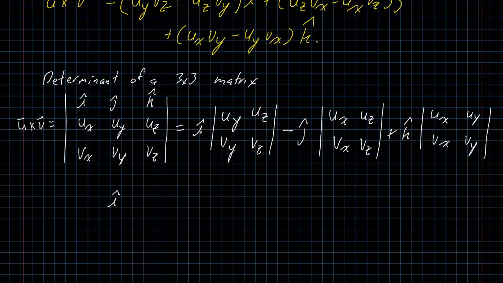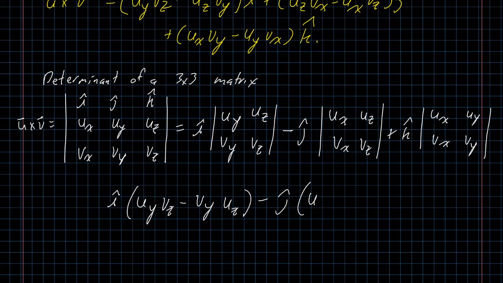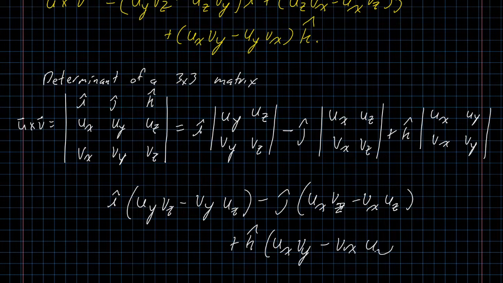So we get i hat times uyvz minus vyuz, minus j hat times uxvz minus vxuz, plus k hat times uxvy minus vxuy. And you can verify that if you just play a little bit of algebra games rearranging, you get back to where we started.